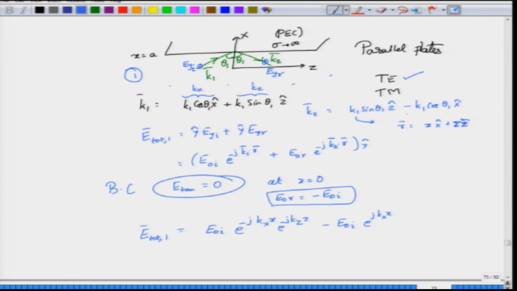Please note that along x now k is in a minus x direction, and then for z it would be e power minus j kz z. Okay. And instead of writing kz, we will go back to our original notation for the propagation constant along z, and we will call this beta. Okay. So, you have E0I, which is the amplitude, times e power minus j kx x minus e power plus j kx x multiplied by e power minus j beta z, which would essentially be present all the time.